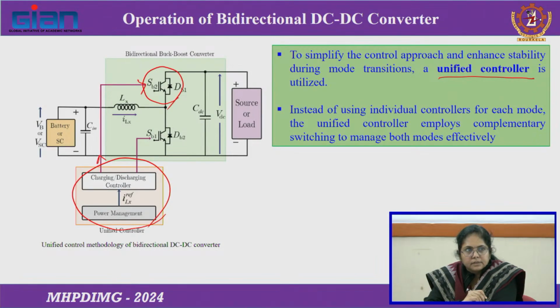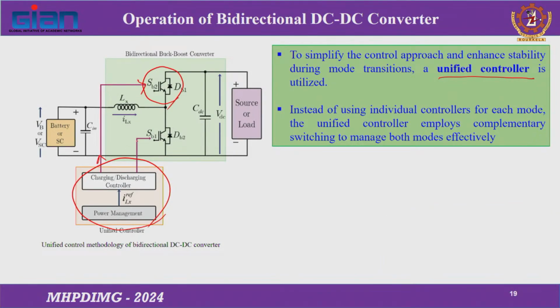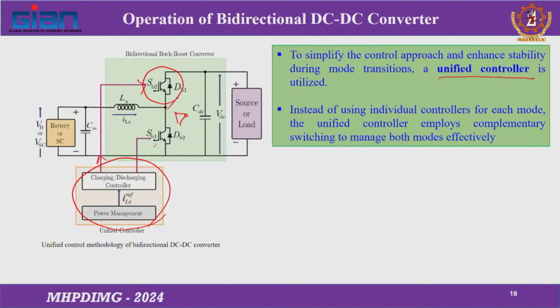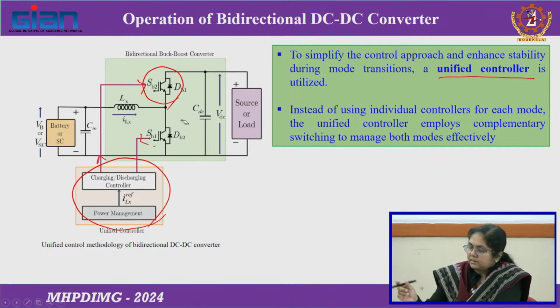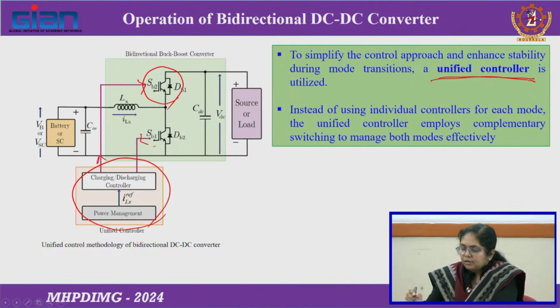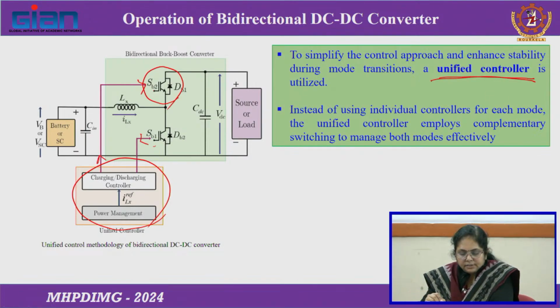Buck mode. It will give a pulse at that time, and the inverted pulse will be given to the load switch, so they operate in a complementary fashion. That is generated by this unified controller, and what is there in the unified controller, we will see.